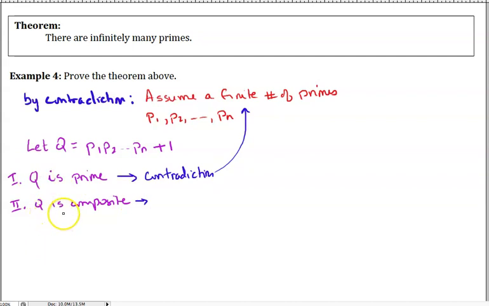So what if Q is composite? If Q is composite, then that means Q can be written as the product of two or more primes.